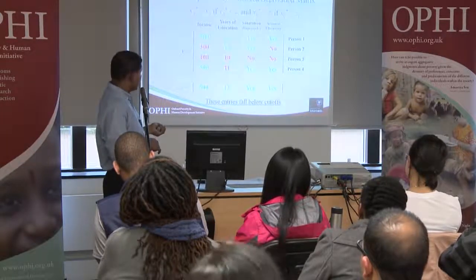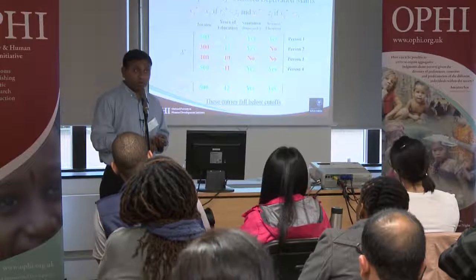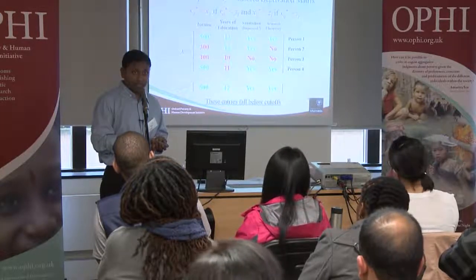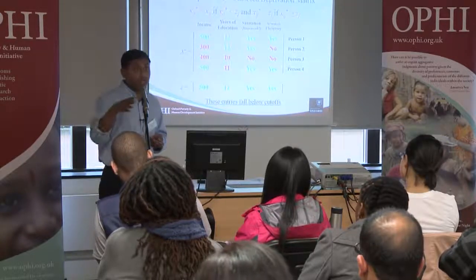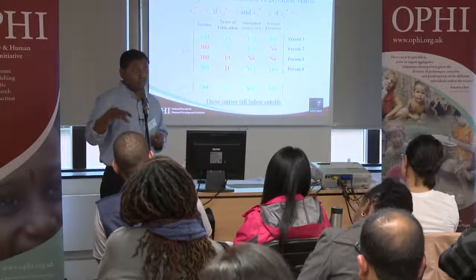Alternatively, you can construct a censored matrix. Do you remember how we were computing the censored vector in the single dimensional context? We were replacing all the incomes of the non-poor by the poverty line itself.